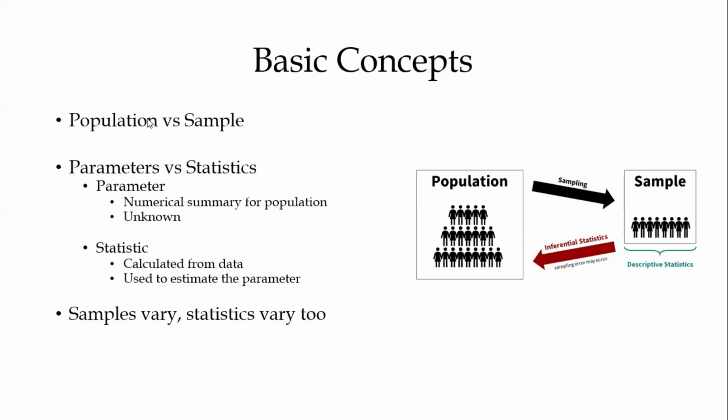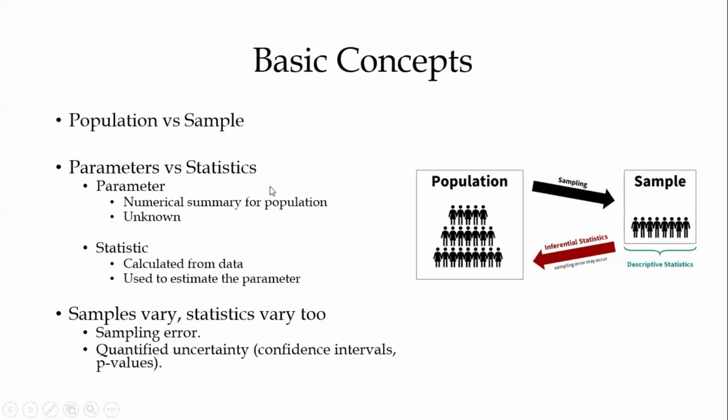They vary because it's unlikely that we'll have a perfect way of sampling from the general population. So it's important for us to consider the concept of sampling error, and we are going to look at how inferential statistics will help us account for these sampling errors.